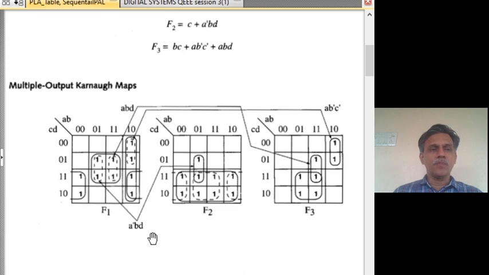But now you know, if you have to realize F1, F2 and F3, if you have these two squares already being generated, you can club them together and realize this 4 term. There is no need for separately generating it. Of course, that would be more minimal than the sum of these 2 terms, but we already have it.